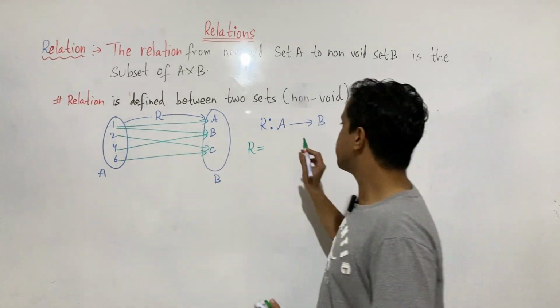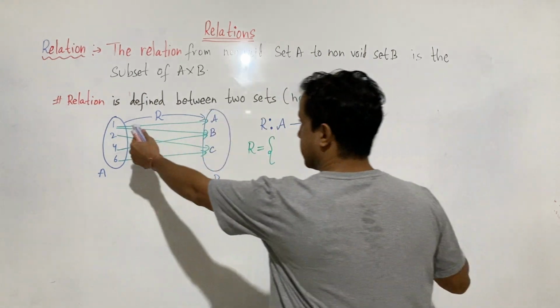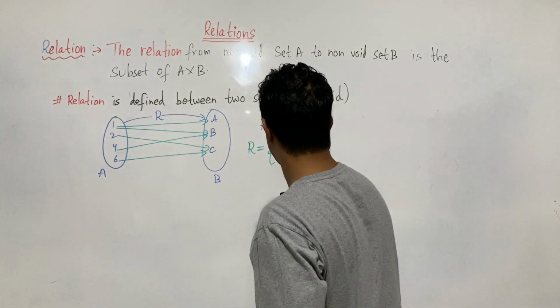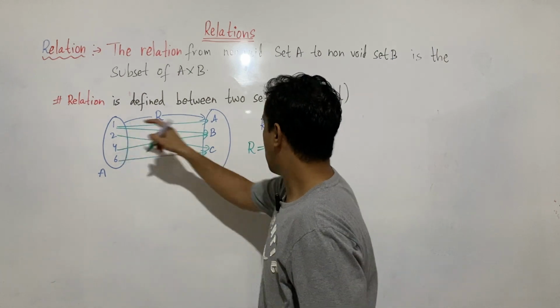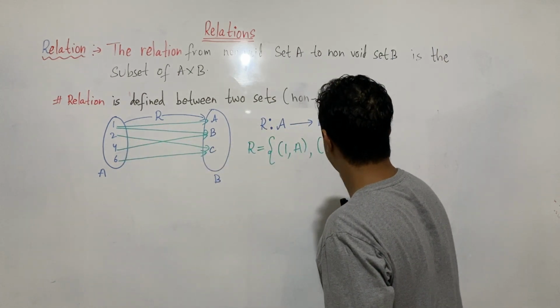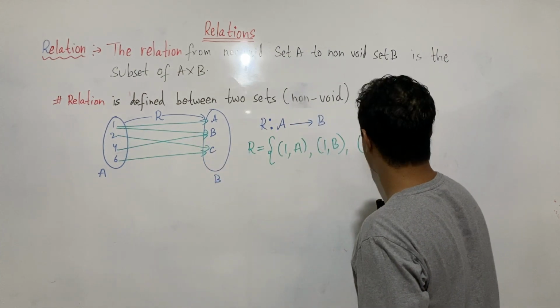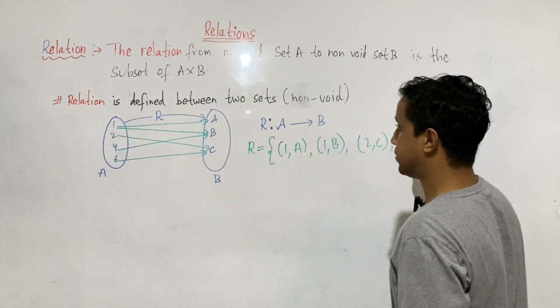So here element 1 is related to A, so it's going to be the ordered pair 1A. Here 1B. Here 2C. Here 4B.